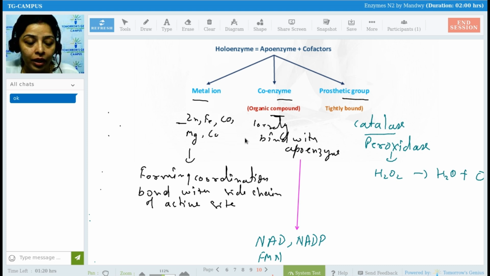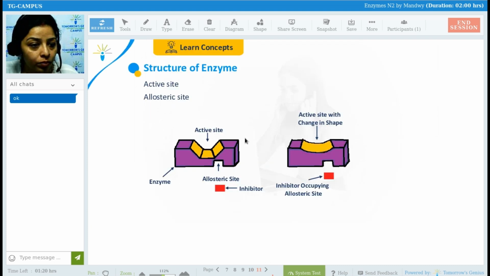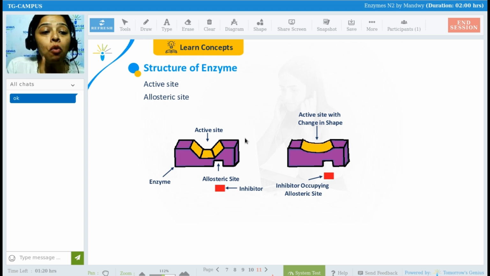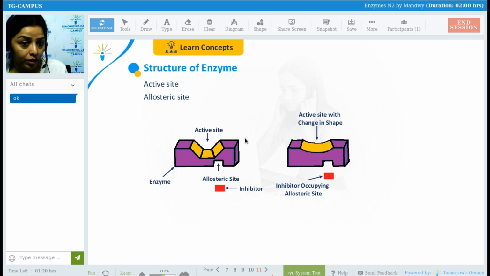Is the structure clear to you till now? So that was the molecular structure, the protein and non-protein part.